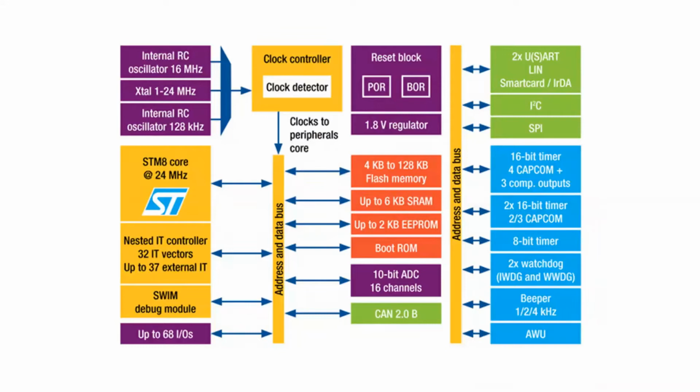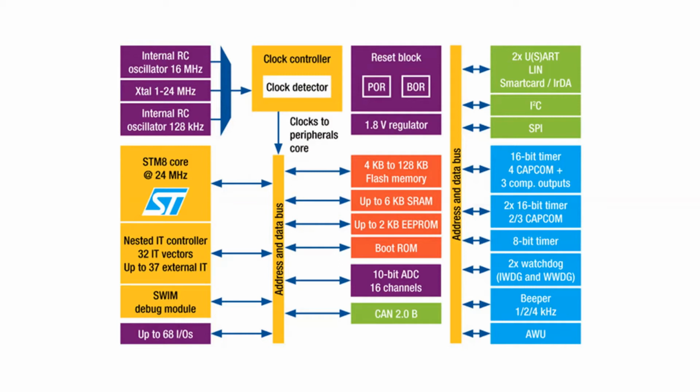Moving away from the memory now, we can have a look at some of the other peripherals that are in the design. So peripherals are what the microcontroller uses to talk to the outside world. First of all, down at the bottom left, we have IOs. These are our digital inputs and outputs. That's fairly self-explanatory.